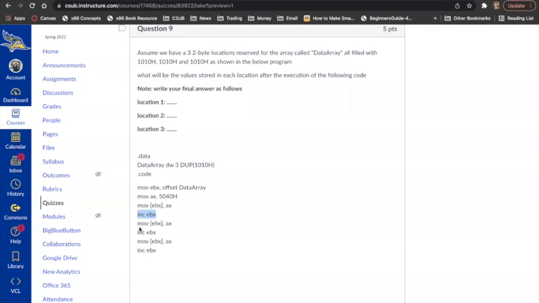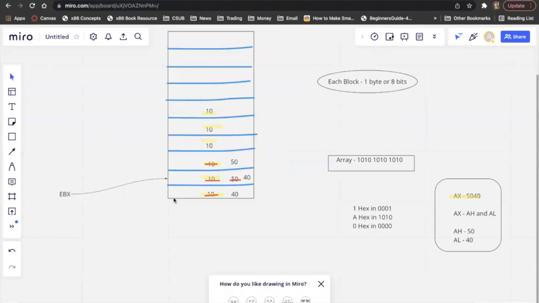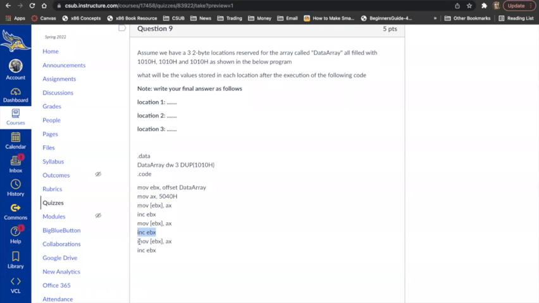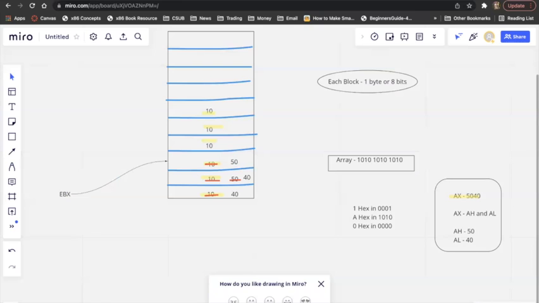After this instruction, we increment EBX again, so EBX will point here. Then we move AX to EBX again. AX has still the same value, so a similar thing happens. We replace this 50 by 40, and this 10 will get replaced by 50.